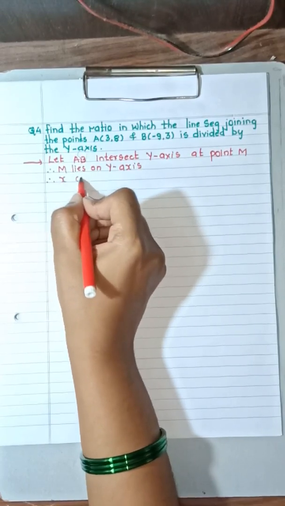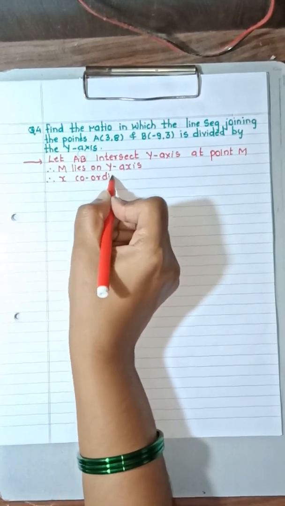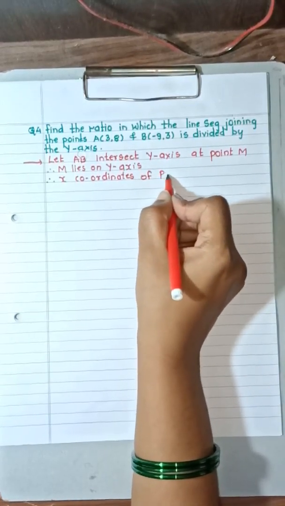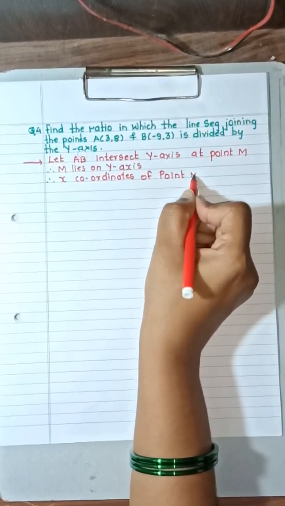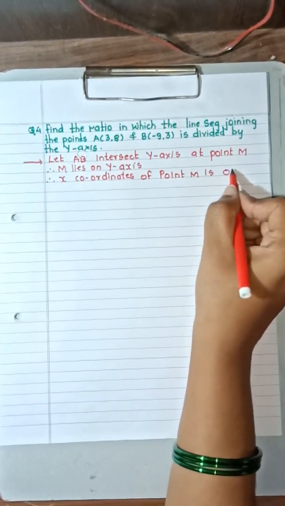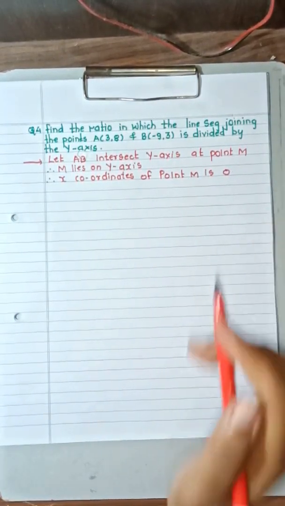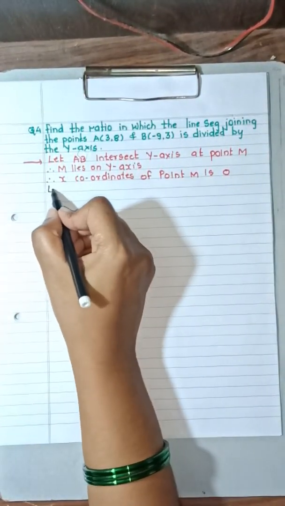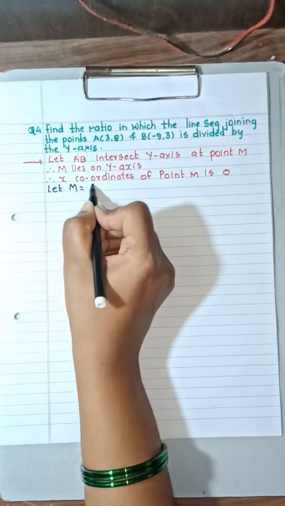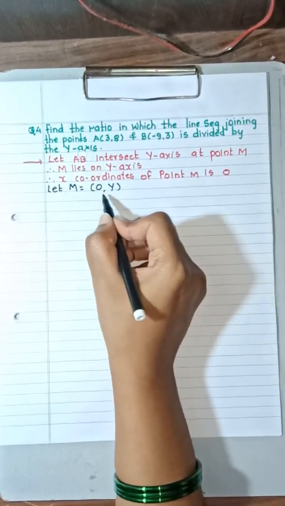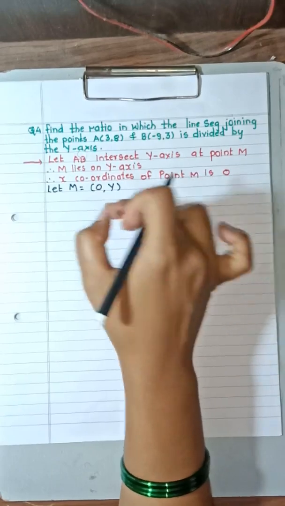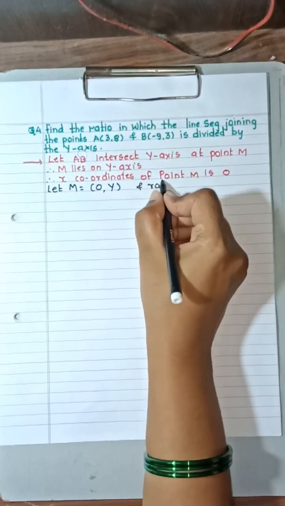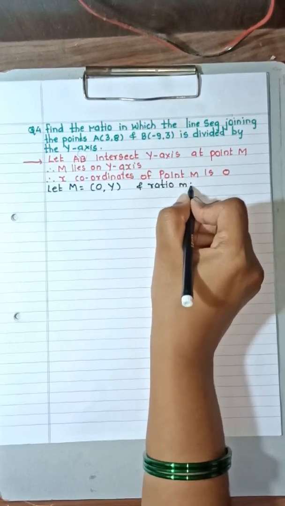Therefore the x coordinate of point M is 0. Now we'll write the coordinates for M. Let M be equal to (0, y). As M is on the y-axis, the x coordinate will be 0. And the ratio is m is to n.